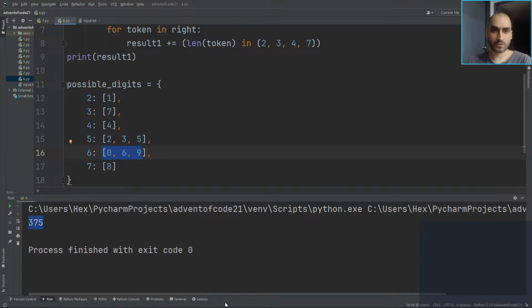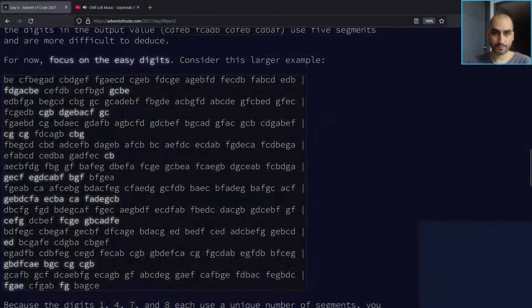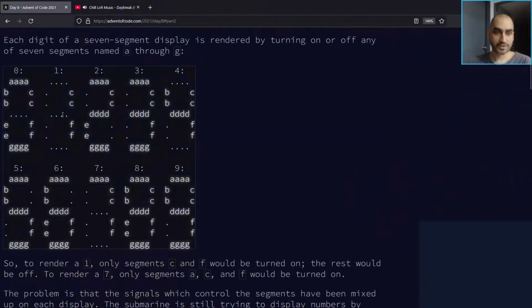I think there's some quick rules we can use to immediately deduce which one is which. So we know what the 1 is, and it has the C and the F. If we're trying to distinguish between 2, 3, and 5, of those 3, the only one that uses the C and F is 3.